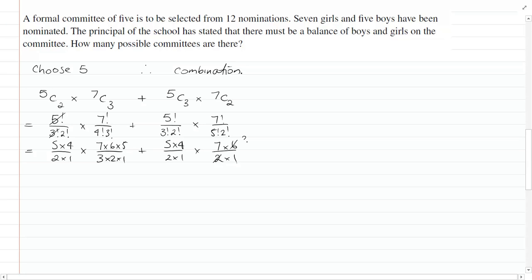Just doing some simple simplification here. A 3 and a 2 will cancel out the 6. I don't care about the 1s. All the denominators are gone, and my answer is 5 times 2 is 10, 7 times 5 is 35, plus 10 times 21. And that, of course, is 350 plus 210, which is 560.